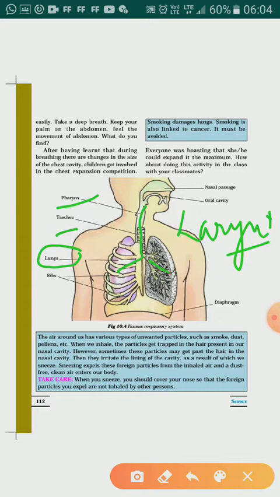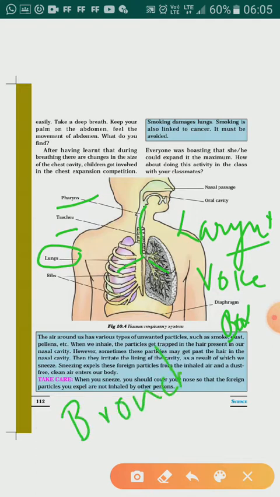So what is the route of the air? Nasal passage, then it comes to pharynx, then it goes to larynx, the voice box. Larynx is the voice box of your system. Then trachea, which is windpipe. Then trachea divides into two, that is called bronchus.